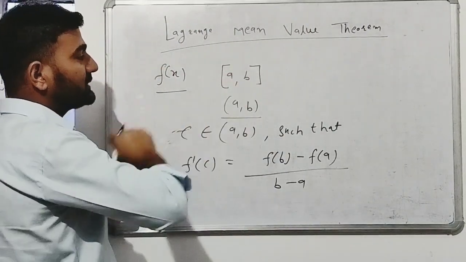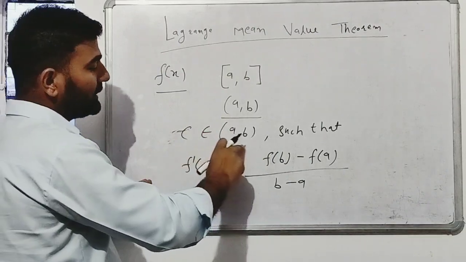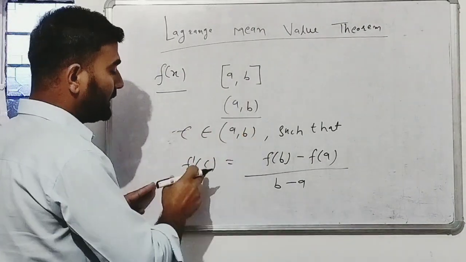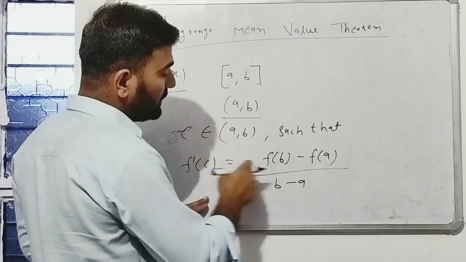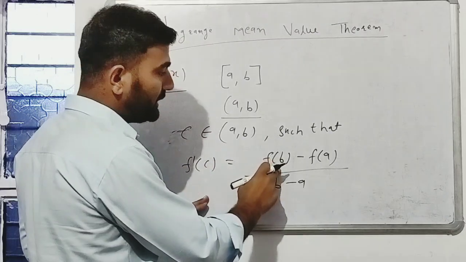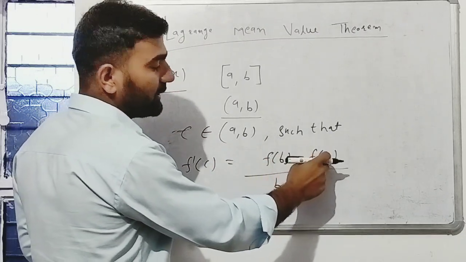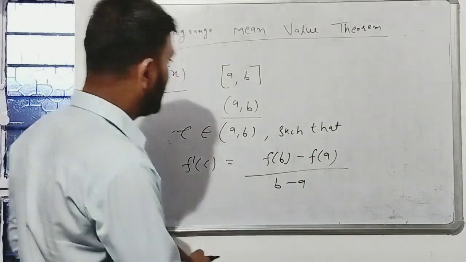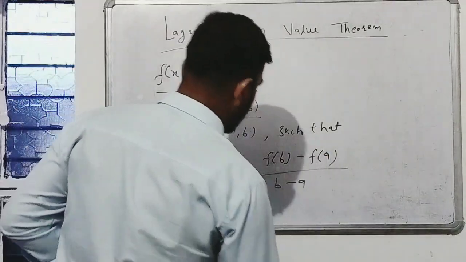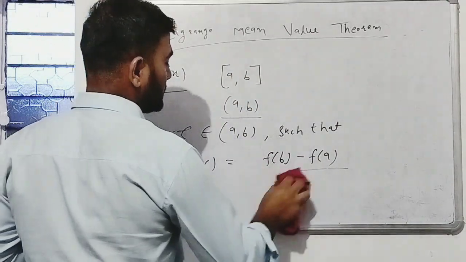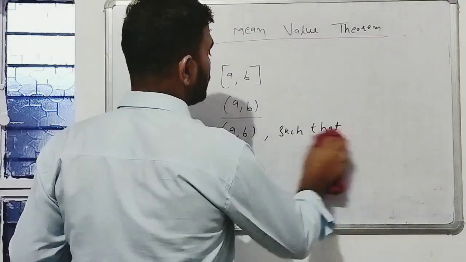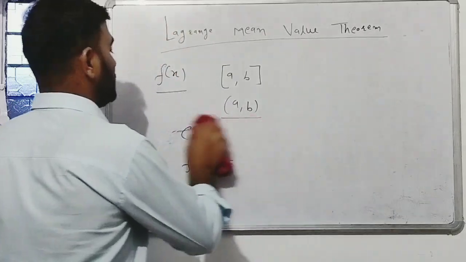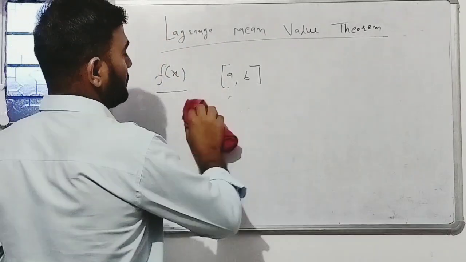Then there exists a point c in the open interval a to b such that f dash c is equal to the value of the function at b minus the value of the function at a, divided by b minus a. So let's understand this theorem through a graphical interpretation of this function on the xy axis.